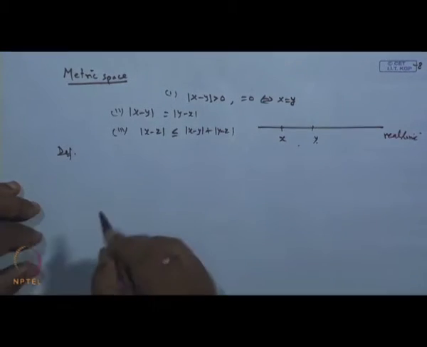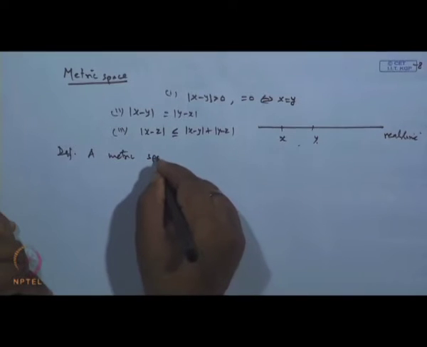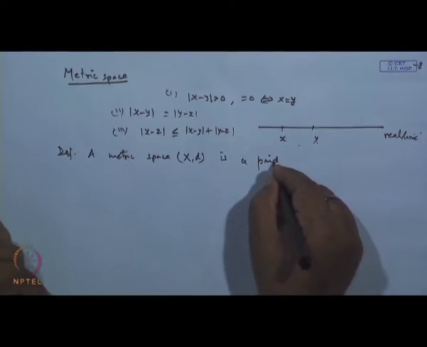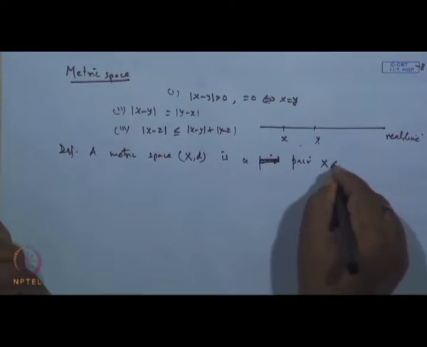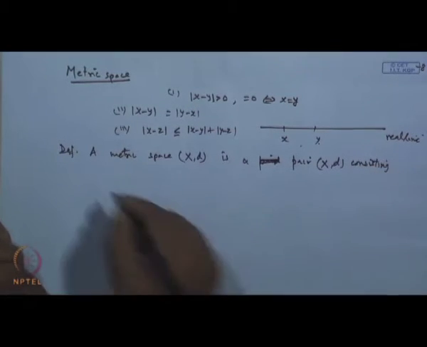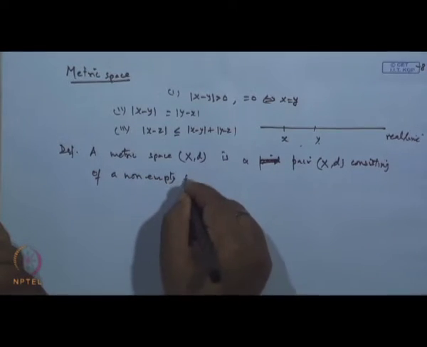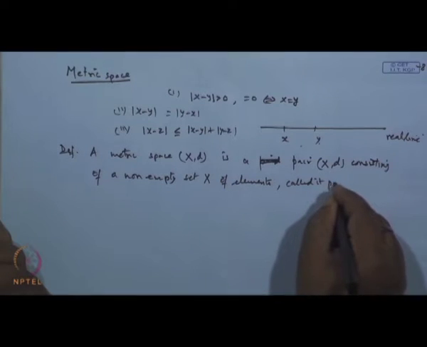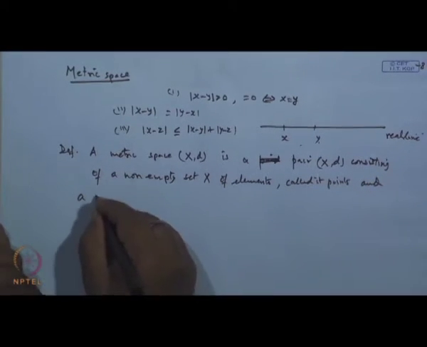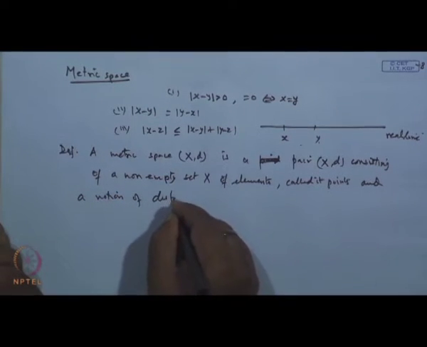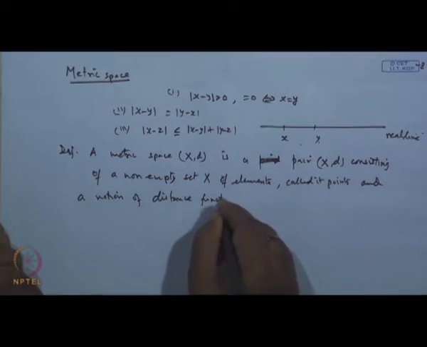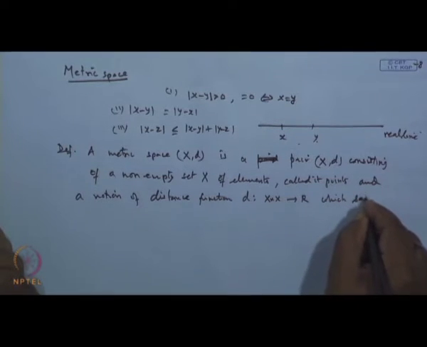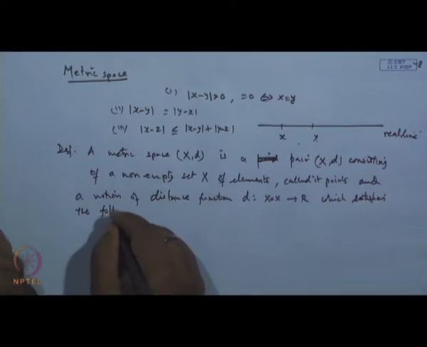So, we define a metric space (X, d) as a pair consisting of a non-empty set X of elements, which we call points, and a distance function d defined over X cross X to R which satisfies the following properties.